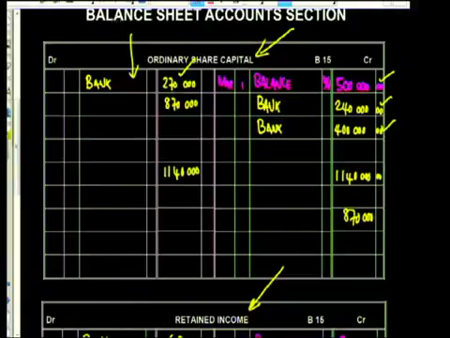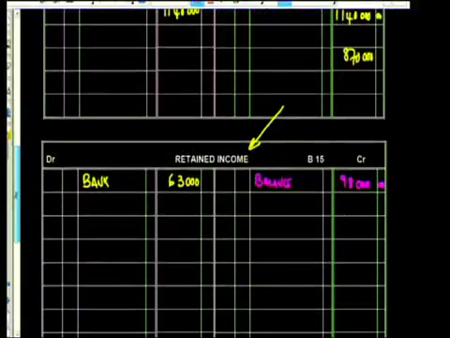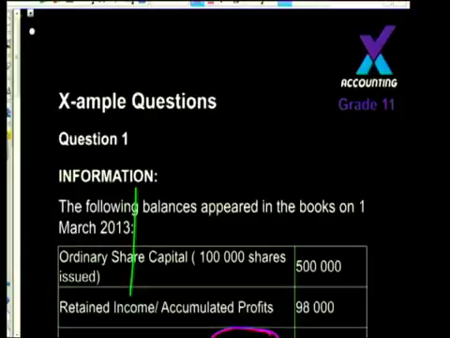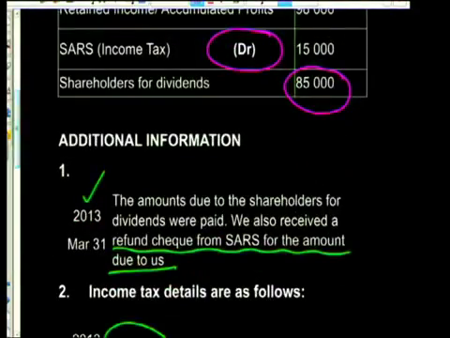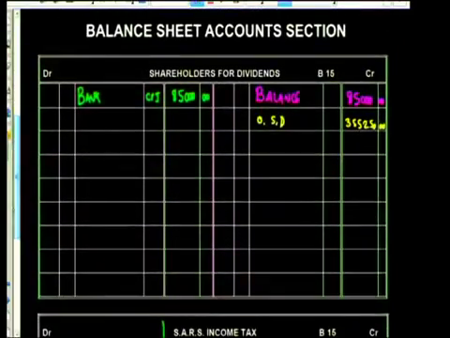Okay, what about retained income? We've got 2 entries. We still have to do further entries. We'll come back to the retained income account. Okay, the next account that we're dealing with, our other balance sheet accounts were, there's your shareholders for dividends account. Obviously, you're going to balance these accounts as well. They are balance sheet accounts. Let's do that.